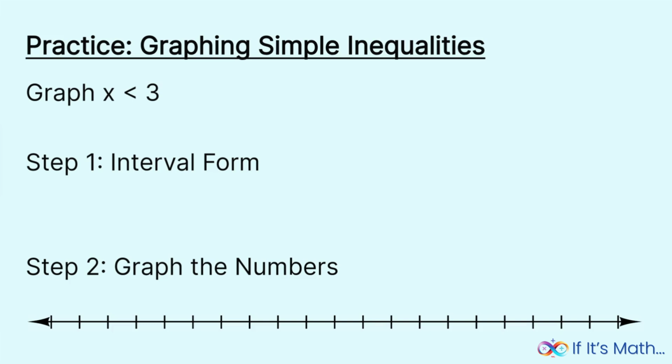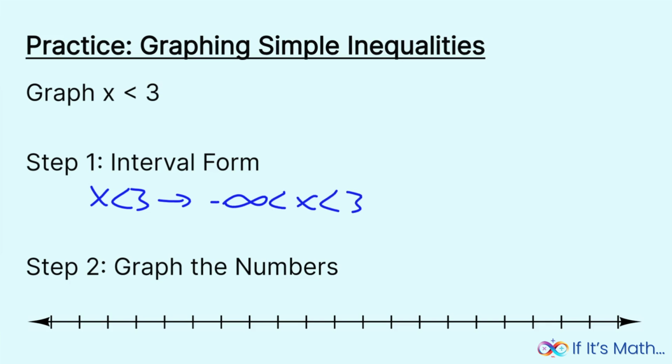Okay, so let's go through some practice. I won't do as much explanation with them because we're just running it through kind of like a drill. So if you have x is less than 3, let's get that into interval form. x is less than 3 becomes negative infinity is less than x, which is less than 3.